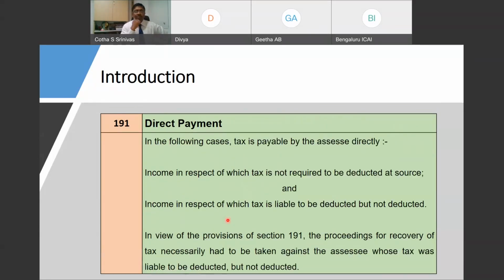Then section 191 talks about direct payment. When we talk about direct payment, there are two situations. A person who earns an income for which TDS provisions are not applicable. So there may be a person who is having an income on which TDS provisions are not applicable.